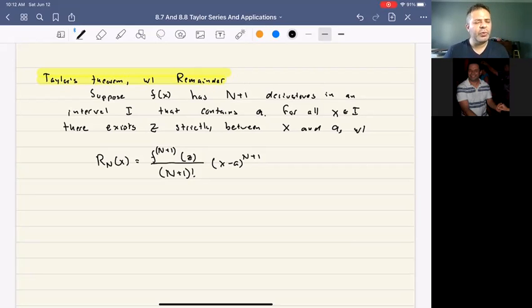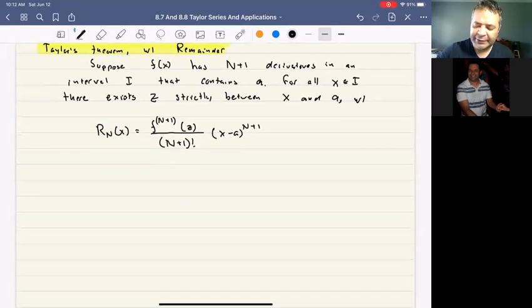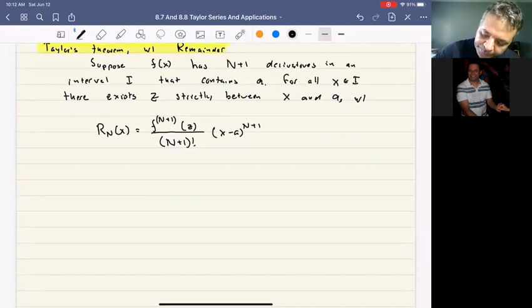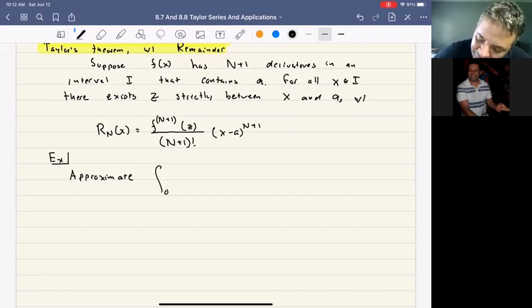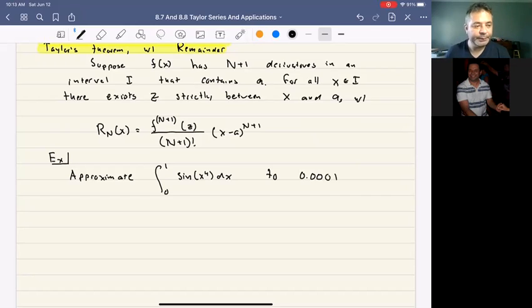All right, let's actually do one with this first. So let's approximate the integral from 0 to 1 of sine of x to the fourth dx to 0.0001, which is 1 over 10,000.